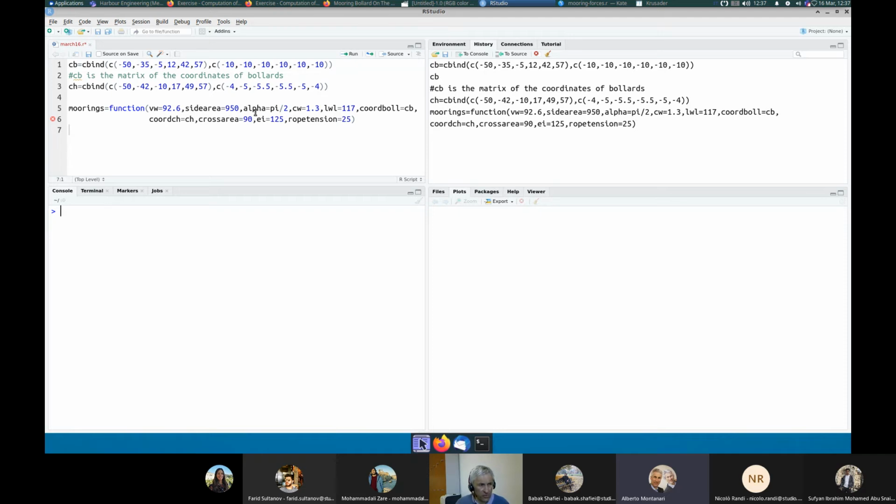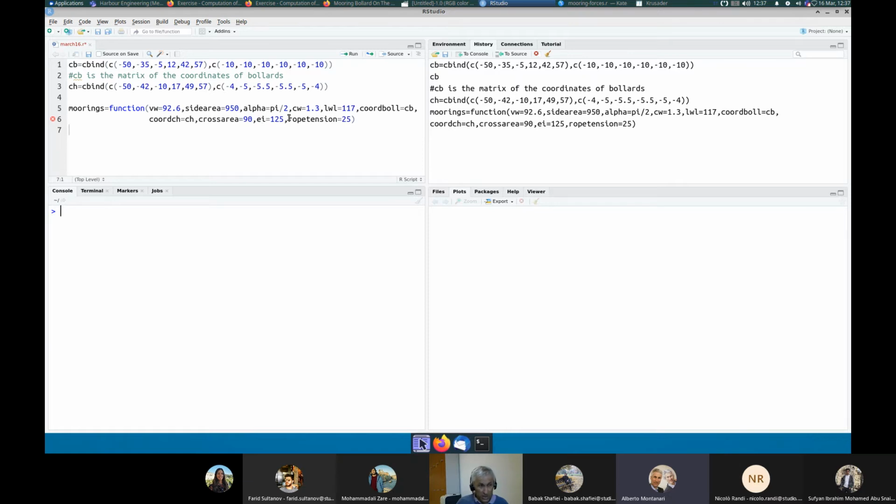Side area, alpha, which is the angle, it's 90 degrees. It's the angle of the wind direction with the ship center line. And then there is the coefficient CW to compute the wind forcing, and the length of the water line, and the coordinates of the bollard CB, the coordinates of the choke CH, the cross area, and EI, I don't remember, I think it is the elasticity module.